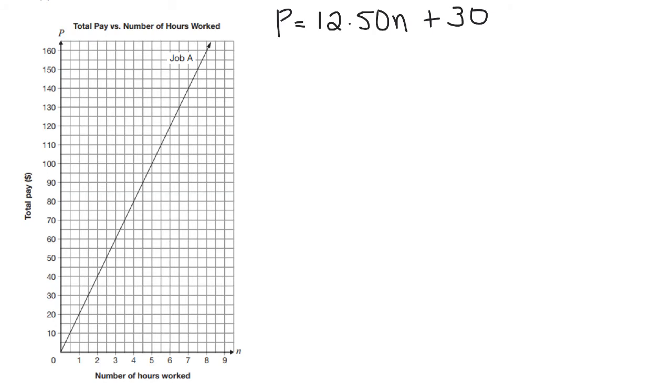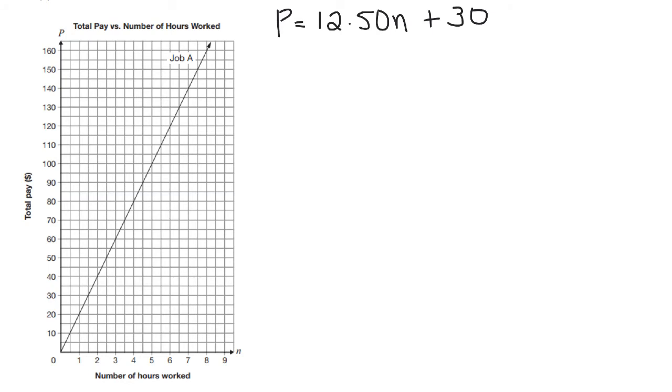The only issue here is our slope. 12.5 is not the greatest value to use when you're trying to skip count up and across or down and across your Cartesian plane, especially because our y-axis on our particular graph was already chosen for us and they chose to count by fives. So to skip count by 12.5 on a scale that's already counting by fives is not going to be very accurate, and you are more likely to make a mistake trying to do it that way.